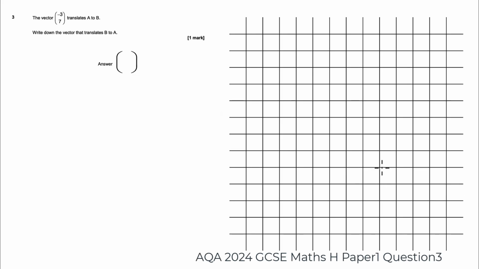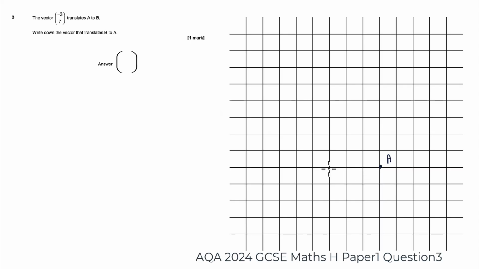And we start off at a point A, and let's follow the instructions of this vector. The x component, that's the first number here, is -3. Now the x component tells us how far to the left or the right to go. So in this case it's negative, so we'd go to the left 3 squares.